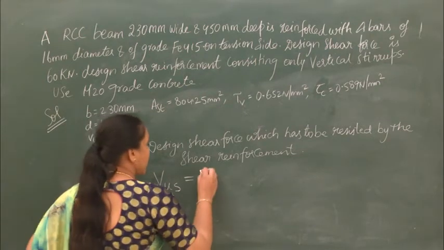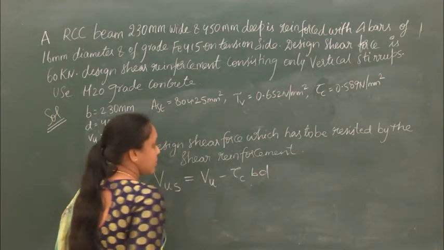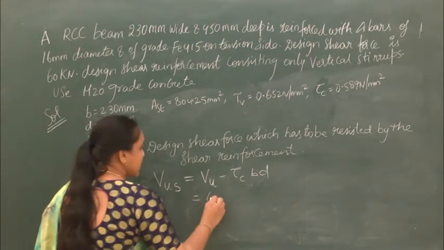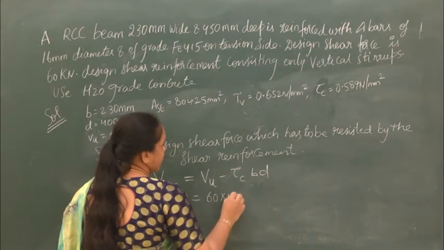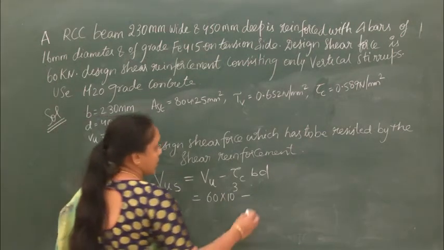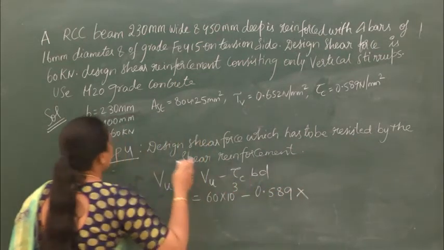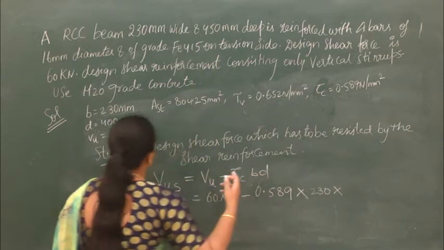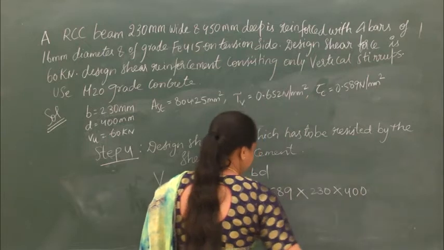VUS is equal to VU minus tau C into BD. VU is already given as 60 kilonewtons, which is 60 into 10 to the power of 3 in newtons, minus tau C, which is 0.589, into B, which is 230 mm, into D, which is 400 mm.